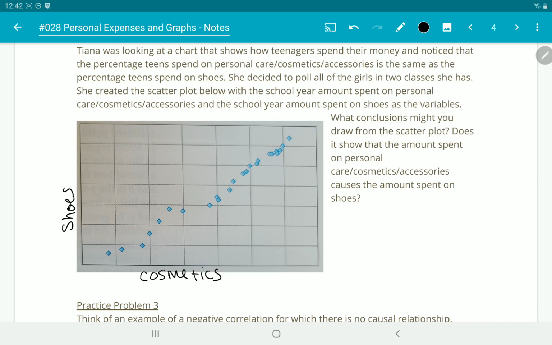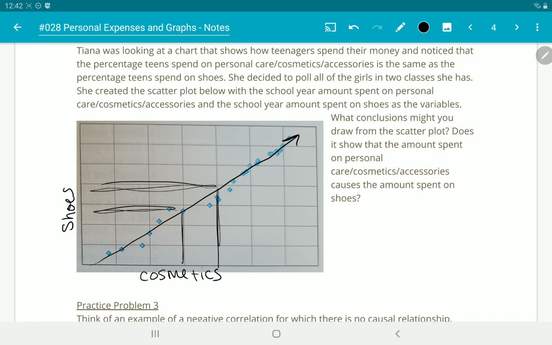What conclusions can you draw from this scatter plot? Does it show that the amount spent on personal care causes the amount spent on shoes? So what conclusions could you draw? People spend about as much on cosmetics as they do shoes.